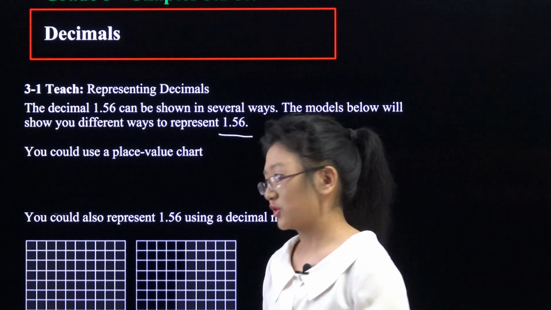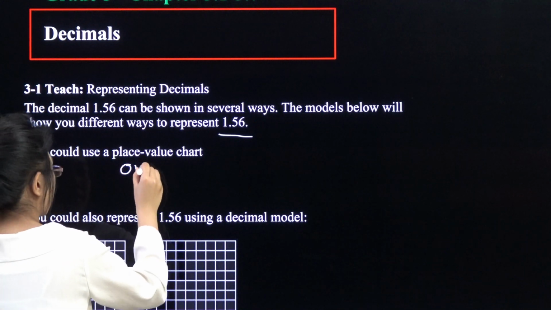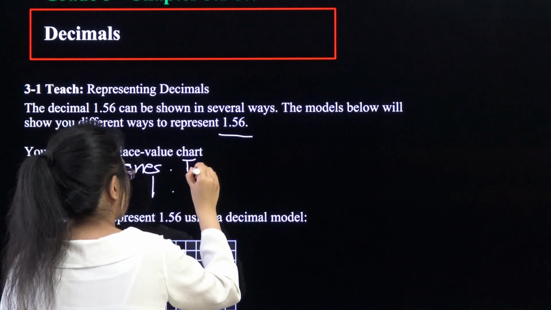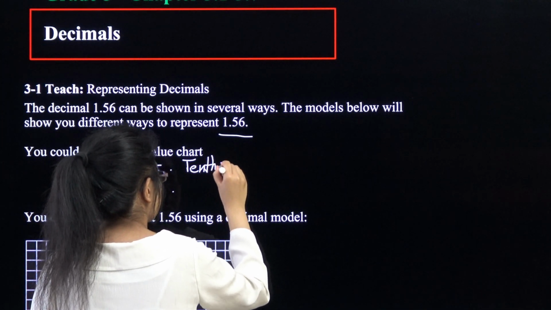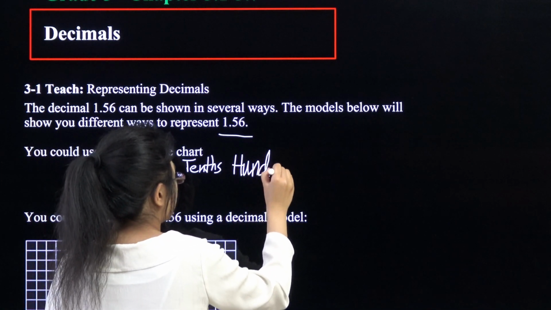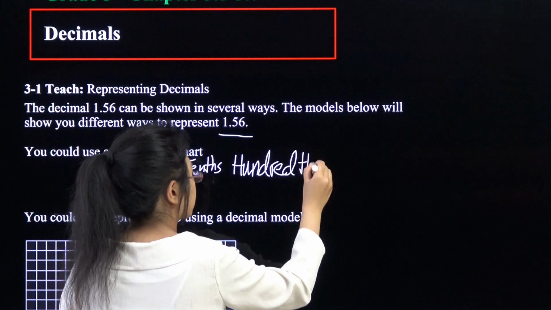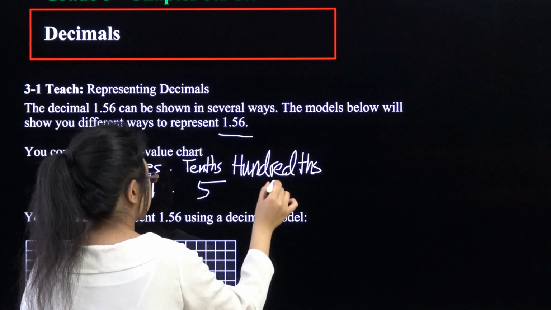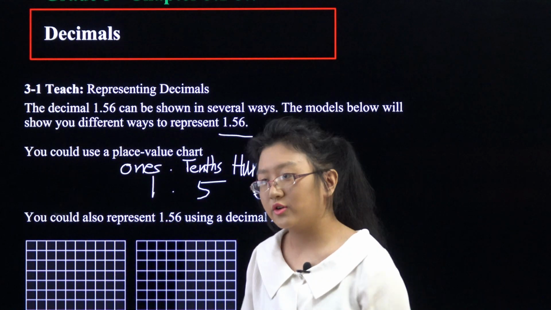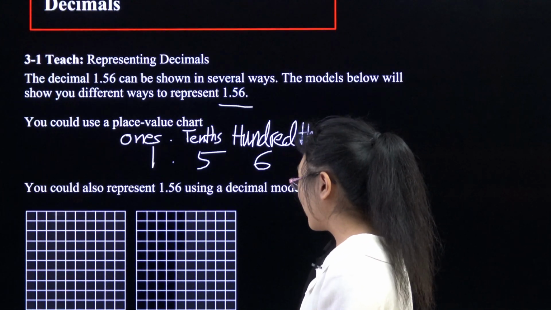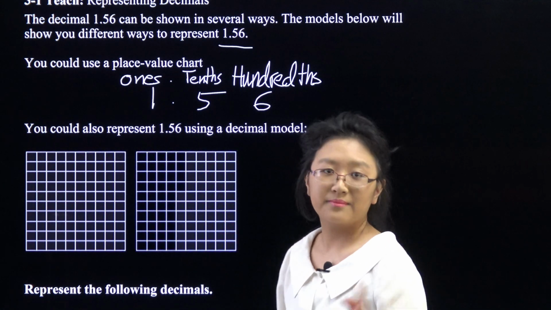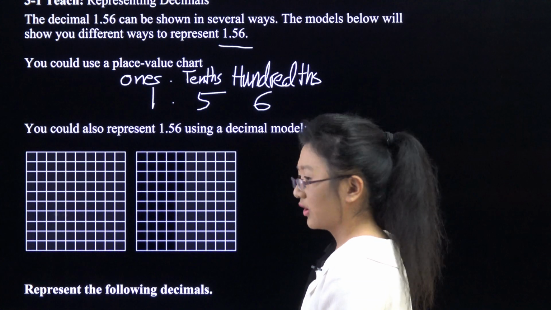So you could use a place value chart, where it'd be something like ones, and it's 1, and then it's a point, tenths, hundredths. You can also show it using a decimal model, which is a glorified square that is divided into little squares. And sometimes they're divided into little rectangles, but that's a talk for later.